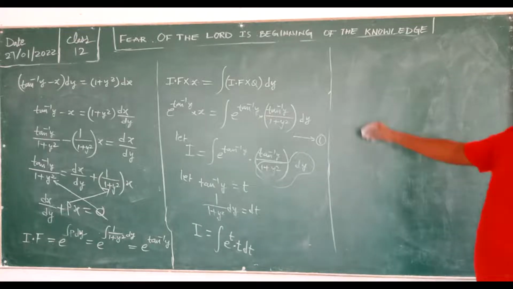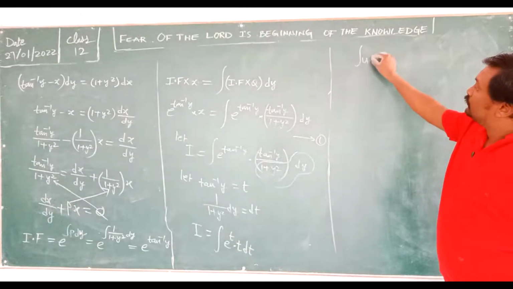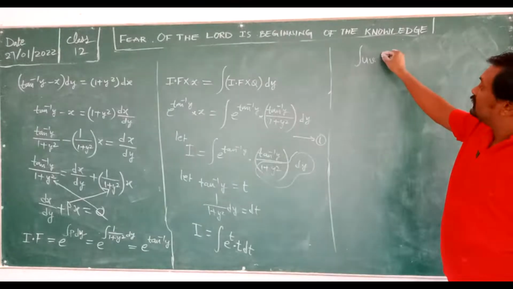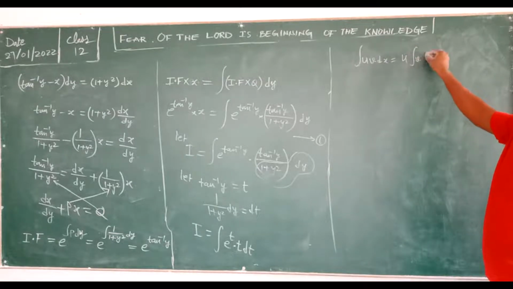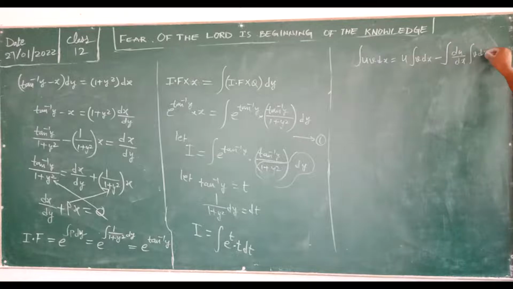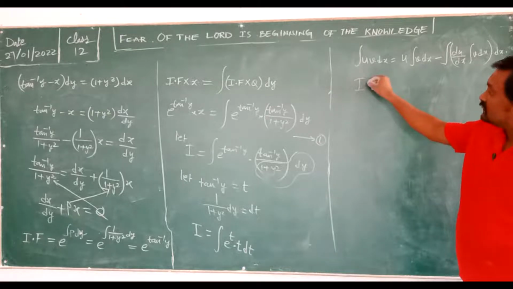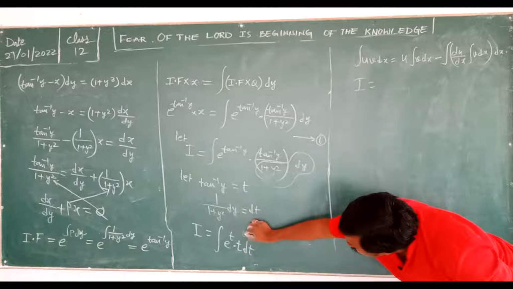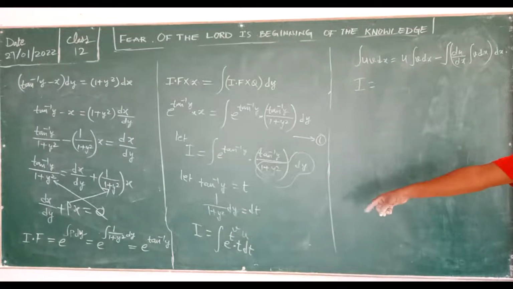Right, let's see now. First, the UV formula is what? Integral UV dx is equal to u integral v dx minus integral of du upon dx times integral v dx, whole dx. This we need to solve. So I is equal to, here u is t.